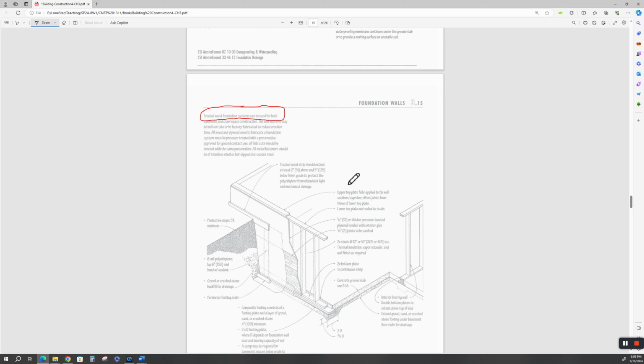Don't do it. Do not do it. If you're going to have a subterranean wall, make it out of reinforced concrete, something that works. You bury wood, it's going to rot eventually. I don't care what you do to it. Enough said on that. I'm done.